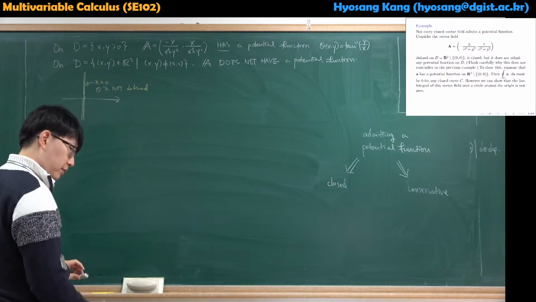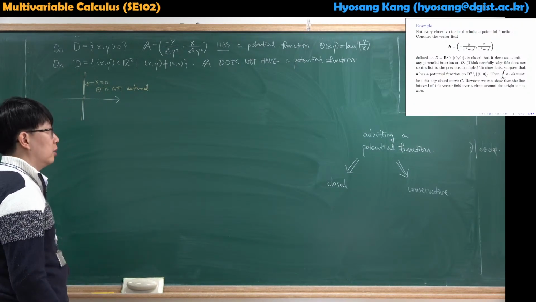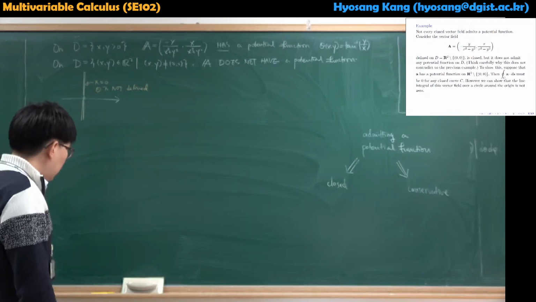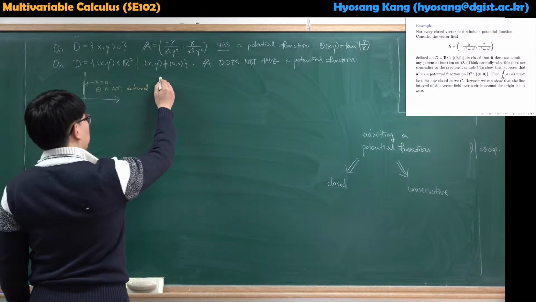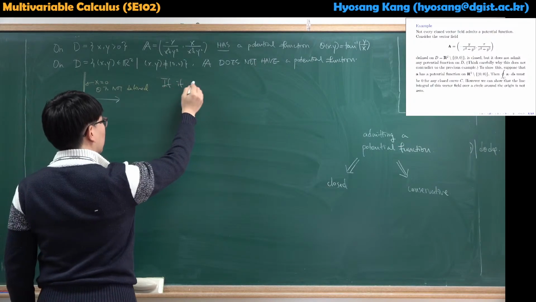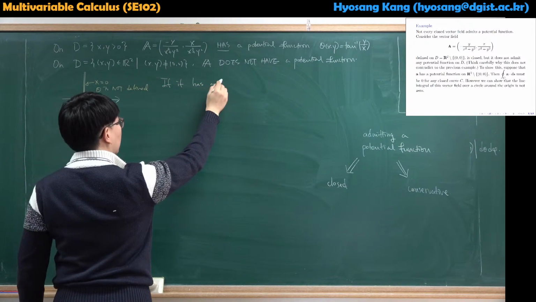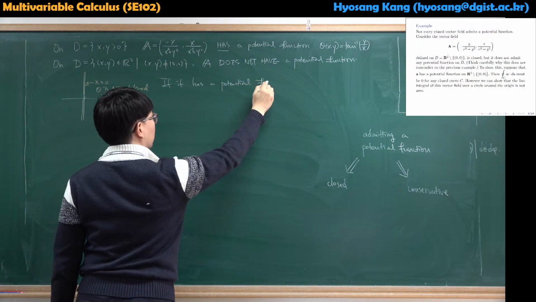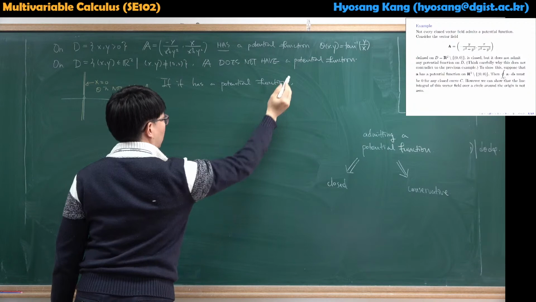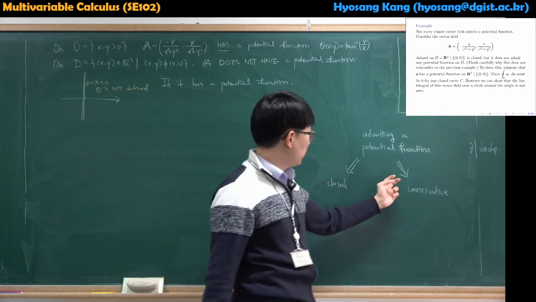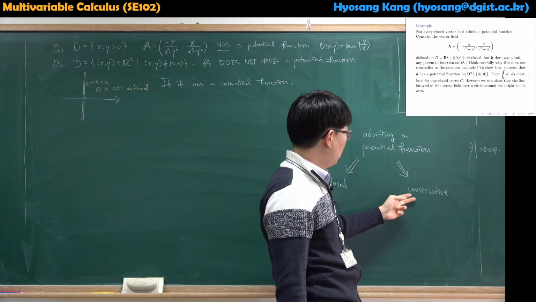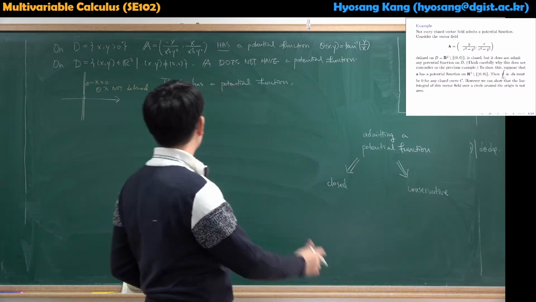Let me explain, a logical explanation why it cannot have a potential function. If it has a potential function, then because of this implication, it must be conservative.